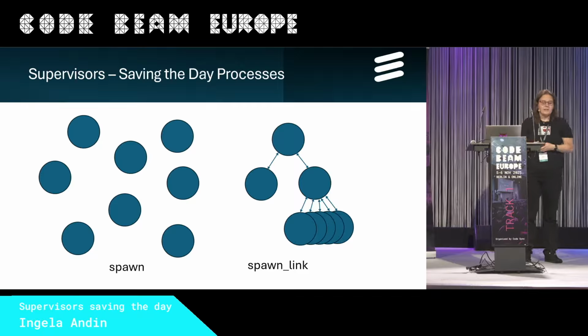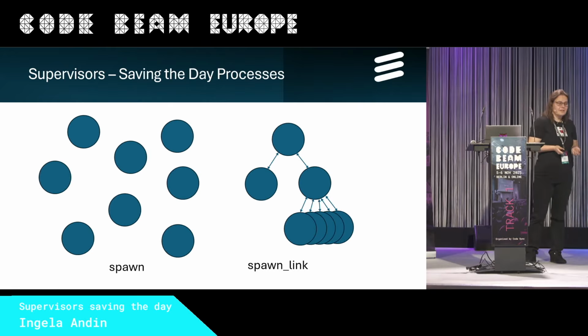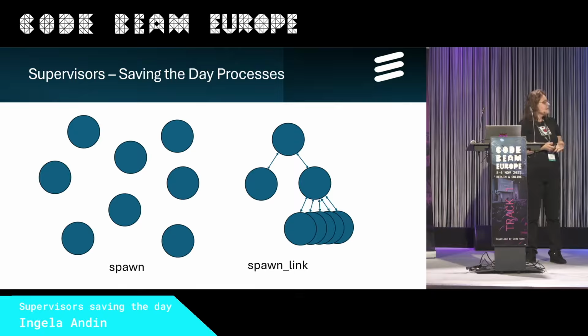So then we have our special processes, supervisor processes, that have the task of starting and stopping and restarting our processes, and they can supervise other supervisors or worker processes that do the actual work of our system. And most supervisors are going to be idle and hibernated most of the time, unless we need them to save the day.